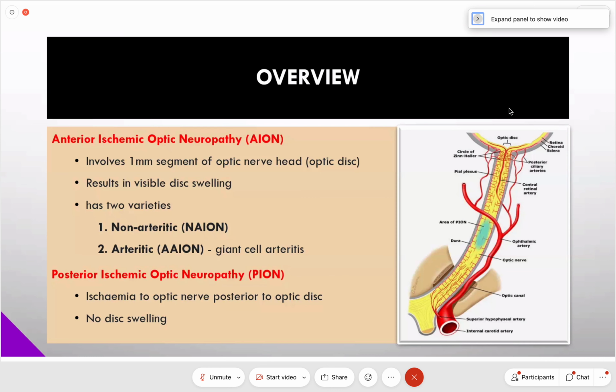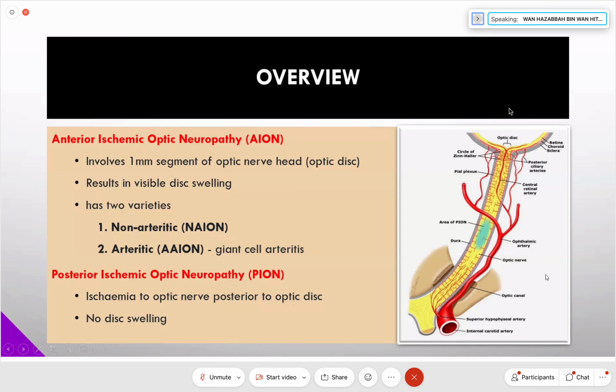And the posterior ischemic optic neuropathy, the ischemia that occurs posterior, a bit further back, if you look here, along the optic nerve, most of the time you can't see any optic disc swelling, and it is difficult to prove this is due to posterior ischemic optic neuropathy.